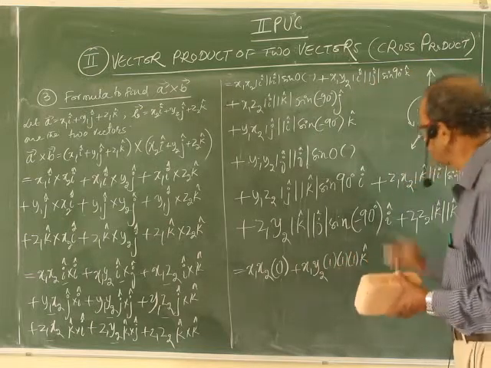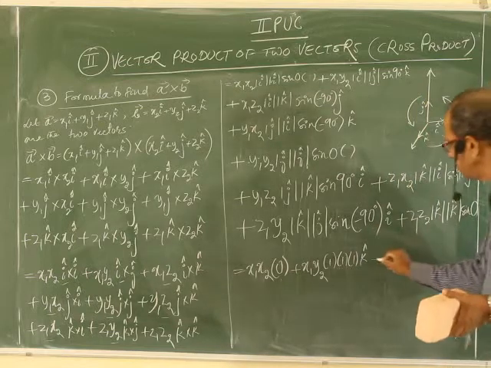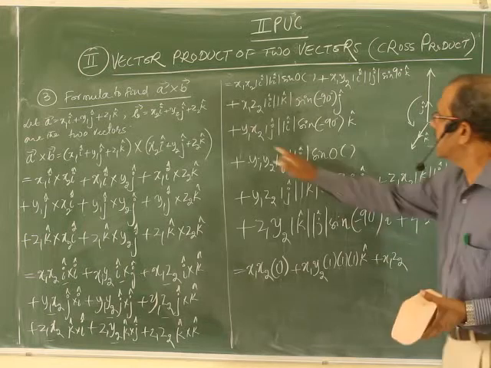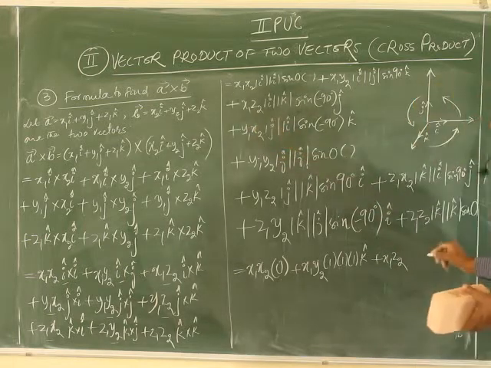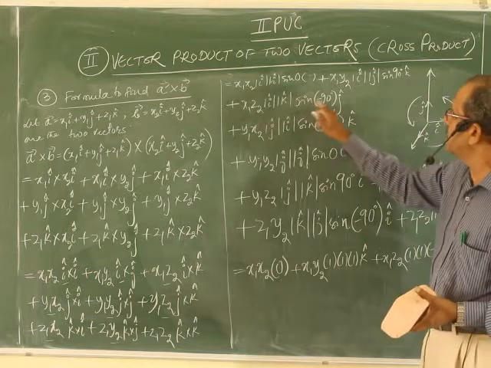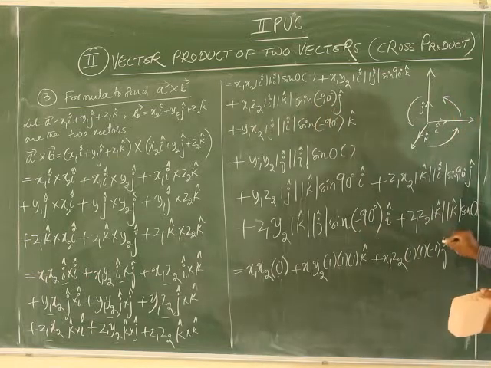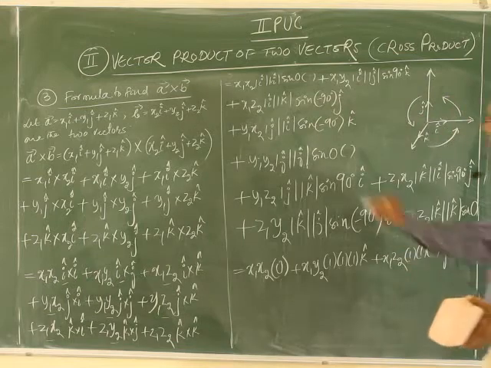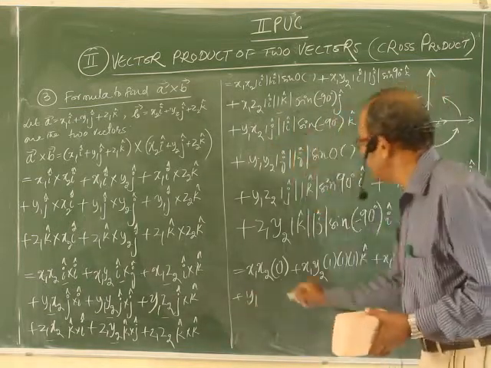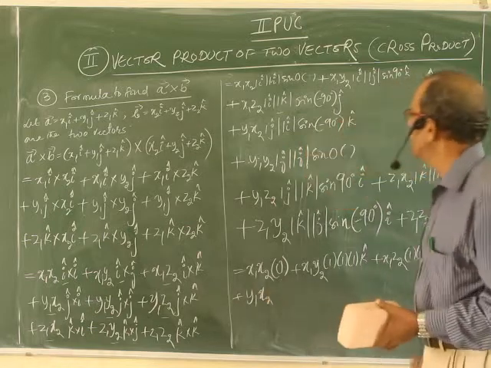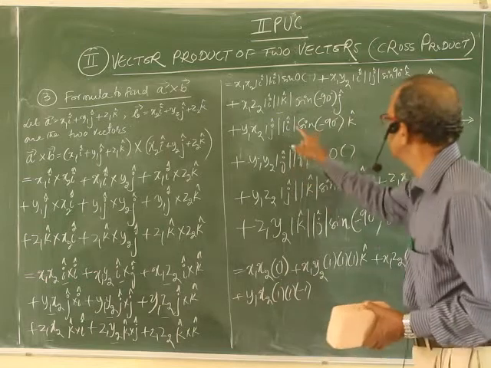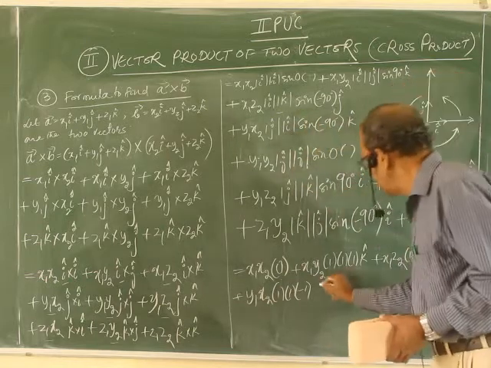Third one x1 z2, here 1 into minus 1 into sine of minus 90, j. This one over. Next plus y1 x2, 1 into minus 1 into k.